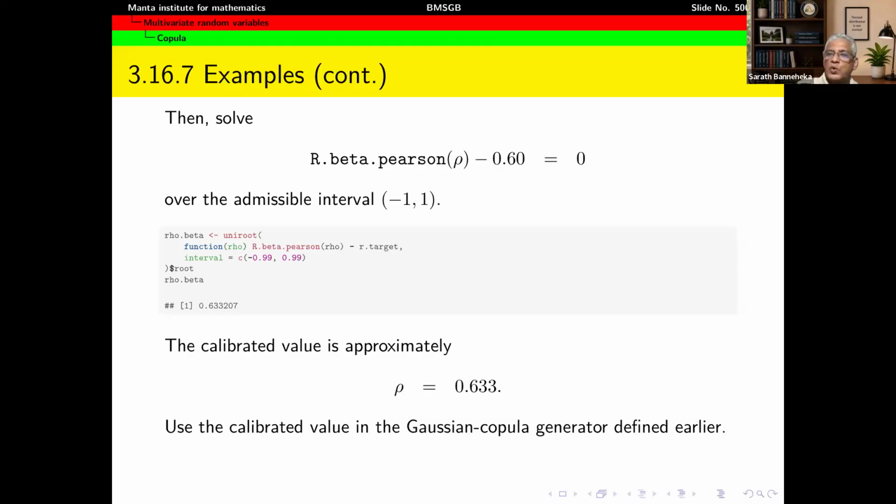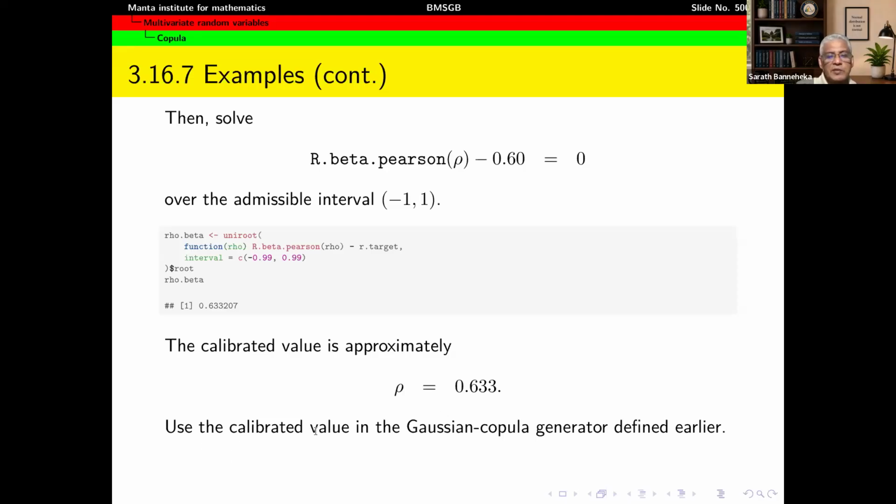For that, rho in the Gaussian copula should be 0.633, right? Again, there's not much difference, but we will be using this number anyway, and then checking whether we have approximately 0.6 again between X star and Y star values.